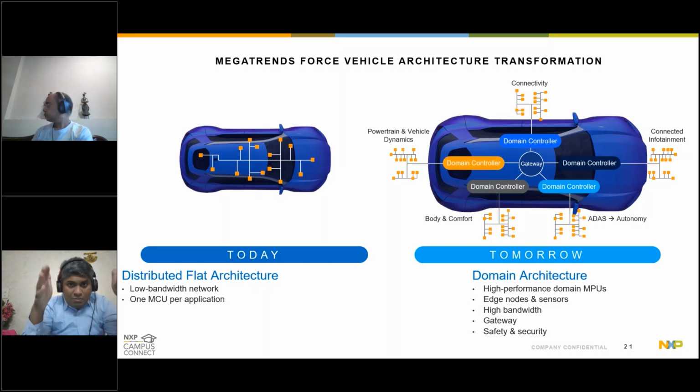Now, no, it's a correct-by-construct thought process, and the methodology has to support that, wherein we talk about domains and domain controllers and everything getting integrated with a traffic police sitting on the central node, the gateway that we talk about here as the master controller of the vehicle.